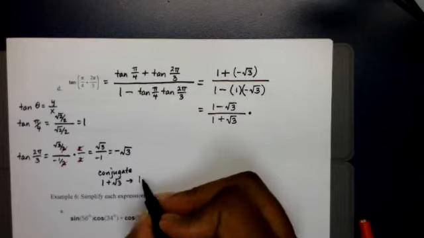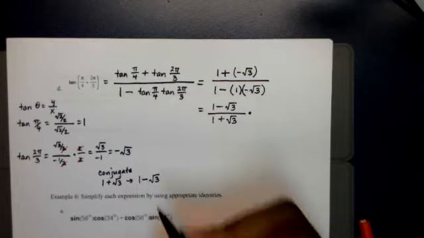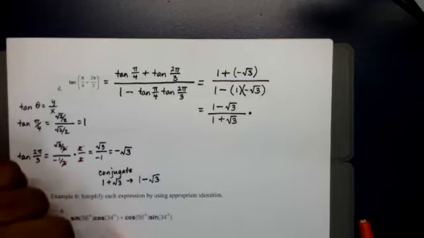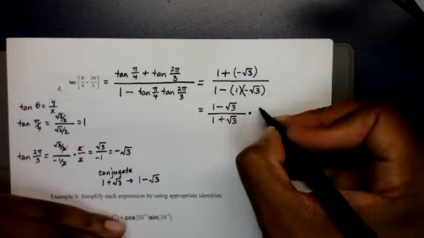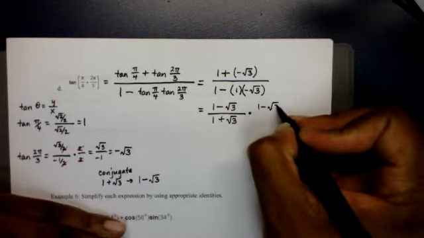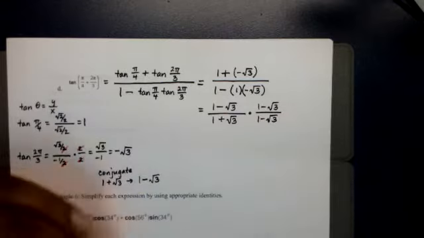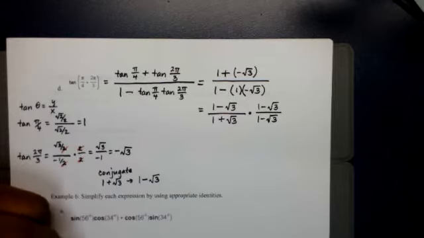Since it's a plus, it would be minus. So the conjugate would be 1 minus square root of 3. And had that been 1 minus square root of 3, its conjugate would be 1 plus the square root of 3. So we're going to be multiplying the numerator and the denominator by the conjugate. So it'll be 1 minus the square root of 3.